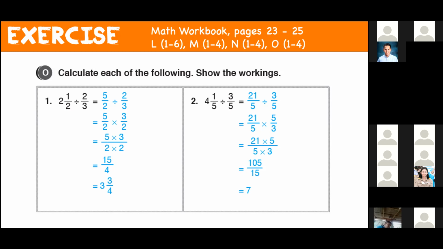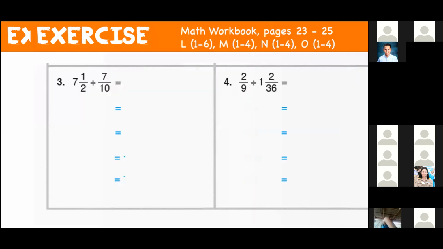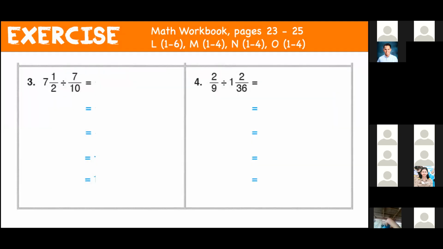10, 9, 8, 7, 6, 5, 4, 3, 2, 1. Okay, for the last two numbers, number 3 and 4, I think 2 minutes. Just continue answering.